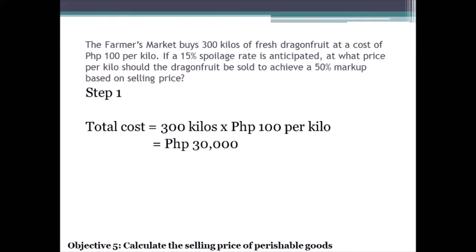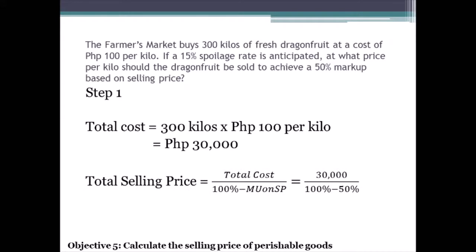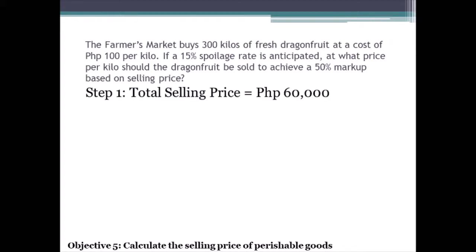Now, for the total selling price, we'll substitute the total cost, 30,000 pesos, and the markup percent, which is 50%. Therefore, the total selling price is 60,000 pesos. So for step 1, the total selling price is 60,000 pesos.